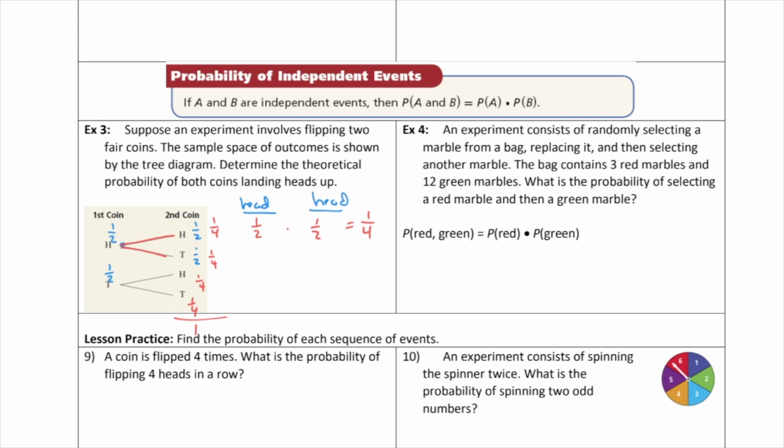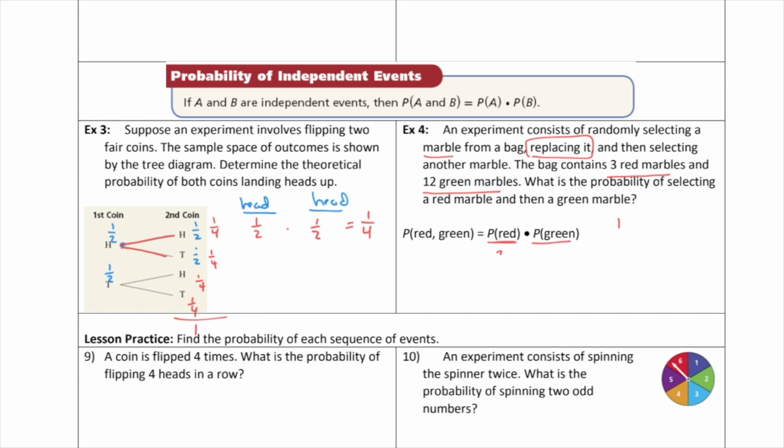For example 4, the experiment consists of randomly selecting a marble from the bag and replacing it. That makes this an independent event. And then we're going to select another marble. The bag contains 3 red marbles and 12 green ones. What's the probability of selecting a red marble and then a green one?